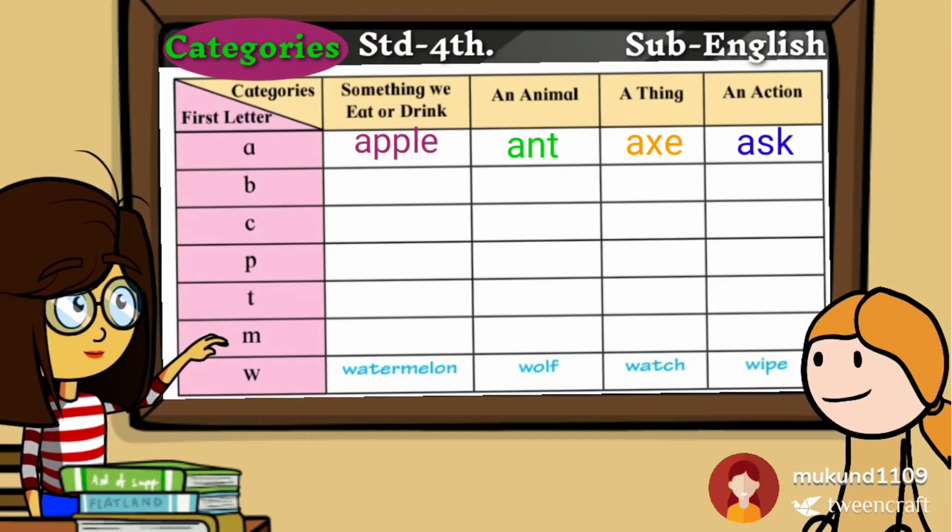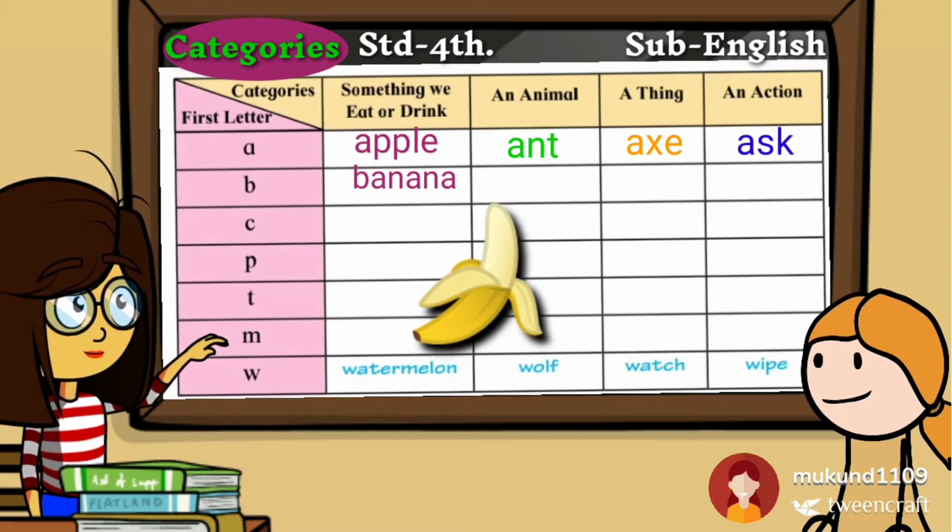Now tell me something we eat or drink which begins with B. We eat or drink. Okay, teacher. Banana we eat, which begins with B. Very good, Ria.